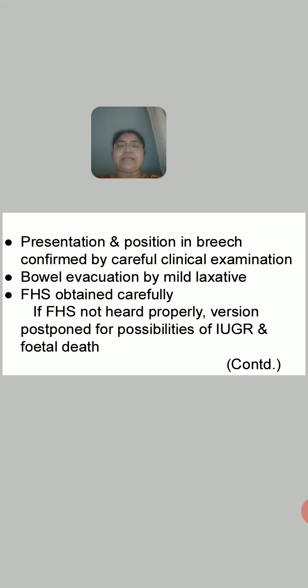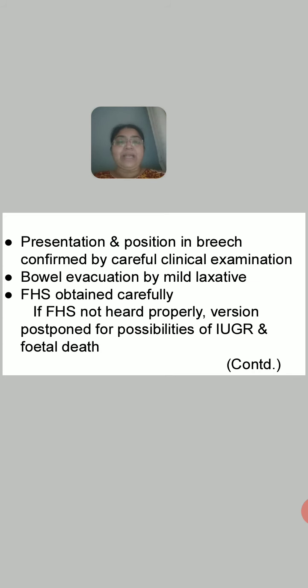If fetal heart sounds are not heard properly, version should be postponed for possibilities of IUGR and fetal death. This means version should be done only after getting proper FHS. If FHS are not heard properly, there is a possibility of either IUGR or fetal death.